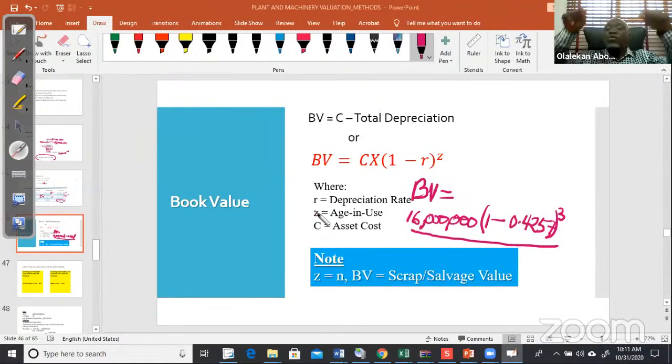If your Z is N, you will get scrap value. That's why I put a note here: when your Z is equal to N, book value will be equal to scrap value. So you should master the inputs in the formula. When you master the inputs, before you start computing tables, you are done.